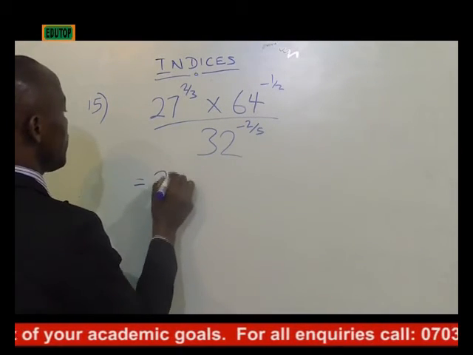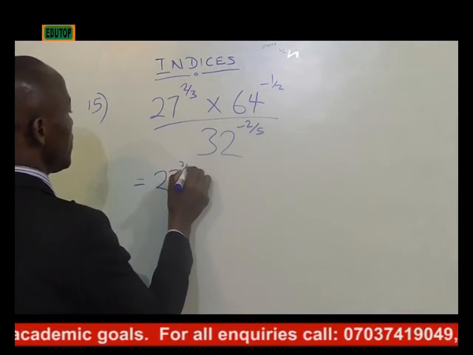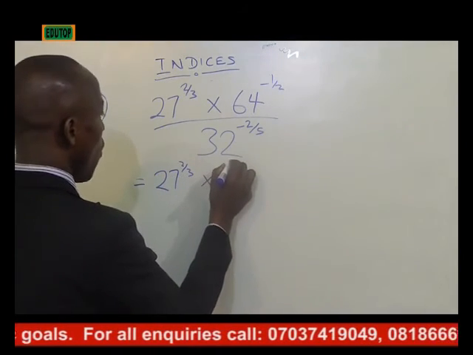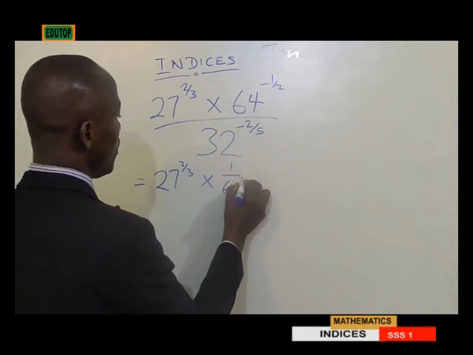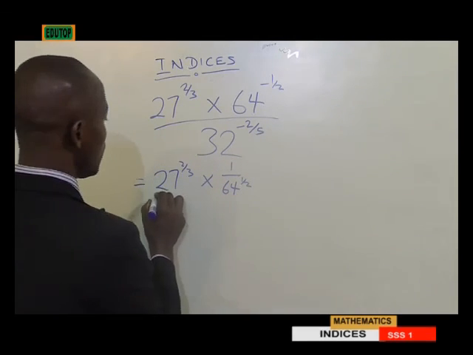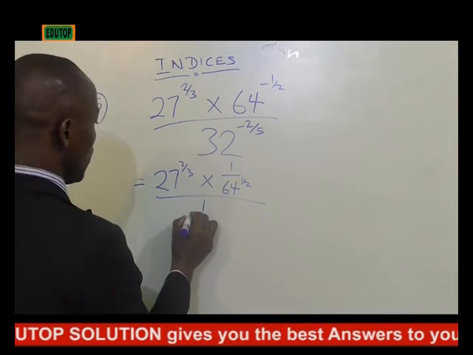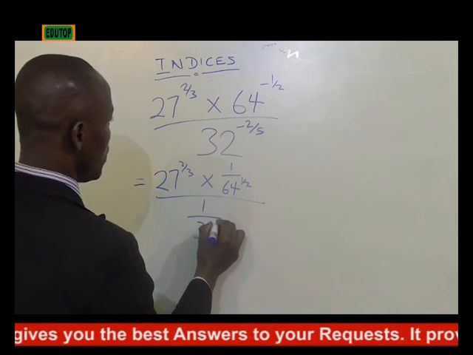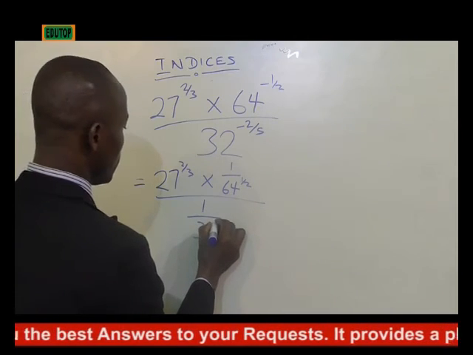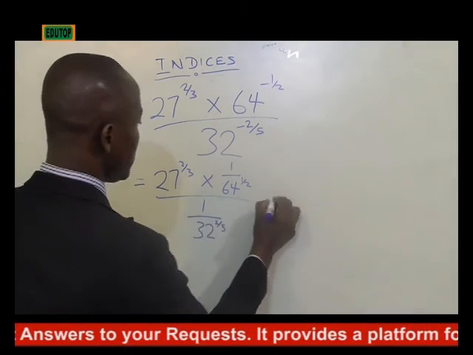Now with 27 raised to power 2 over 3 times 1 all over 64 raised to power 1 over 2, all over 1 all over 32 raised to power 2 over 5.